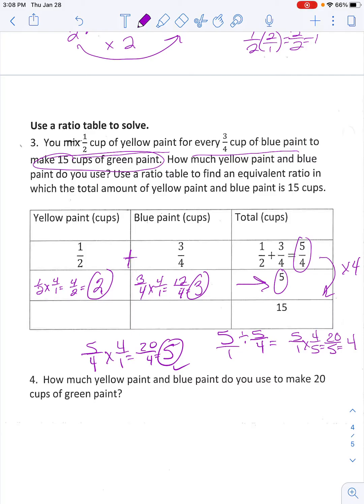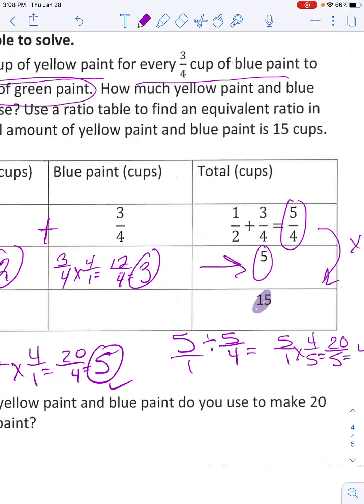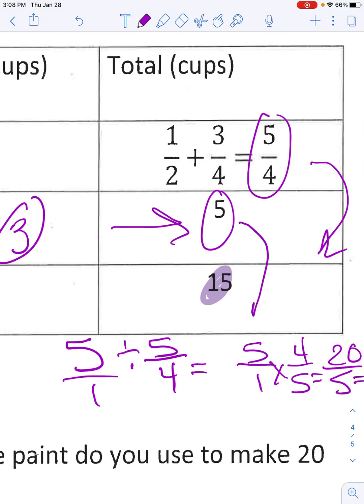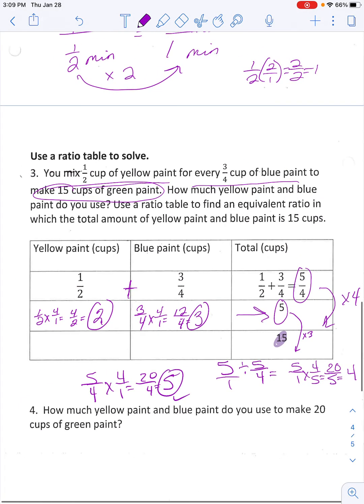Okay, not quite done. We've got 5 cups of green paint. We need 15 cups of green paint. So we're going to do it again. How do we get from 5 to 15? Well, that one was easy. You multiply by 3. So we had 2 cups yellow; we multiply it by 3, so we're going to add 6 cups of yellow.